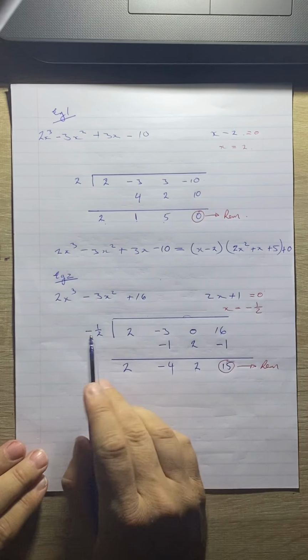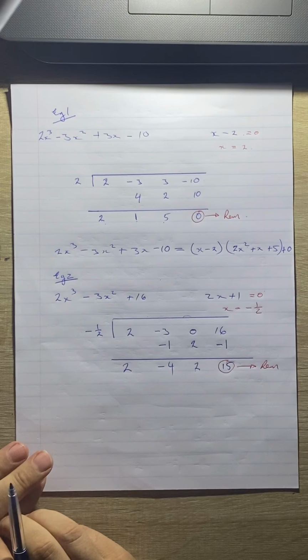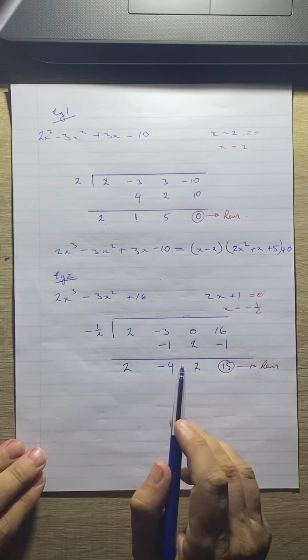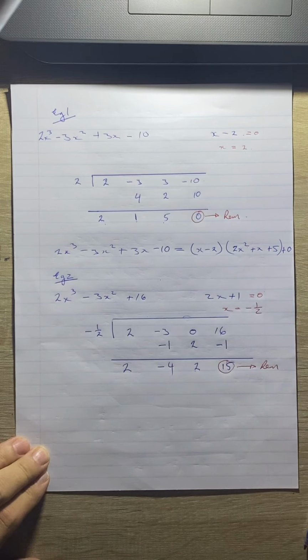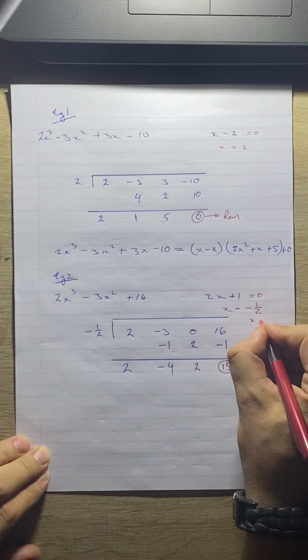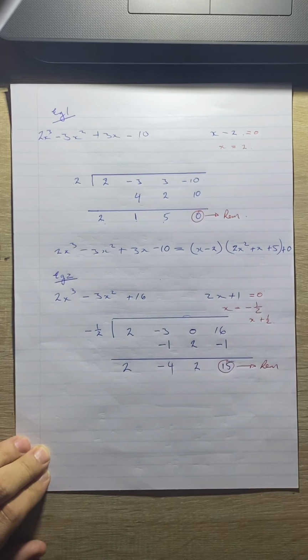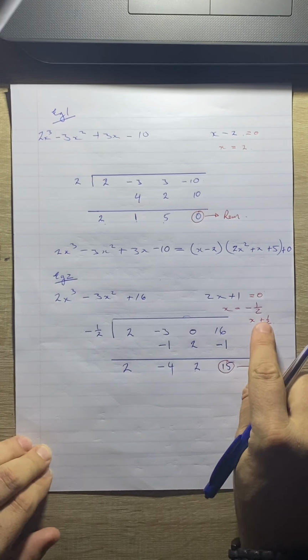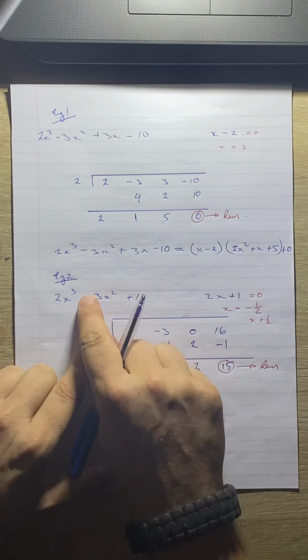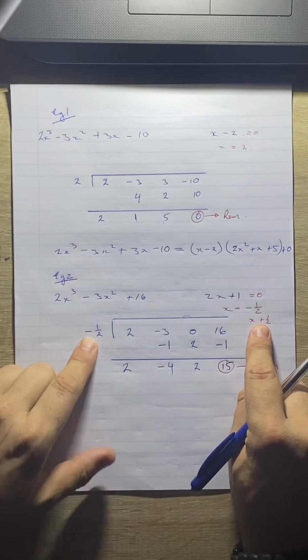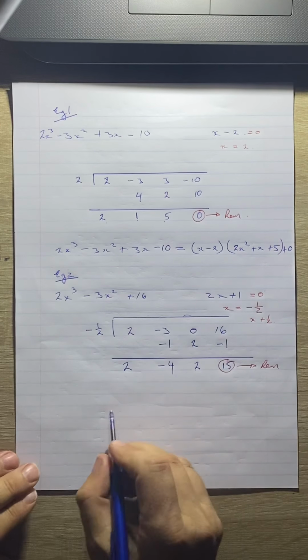Okay, so what we can say now is, if I take this back this side, what would we get? We would get x plus a half. Essentially that is what I divided by, because I got that minus a half there. So I took this and divided it by x plus a half, if you had to do it the long division way.